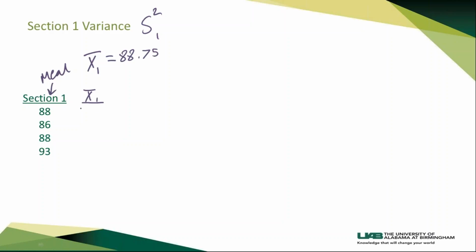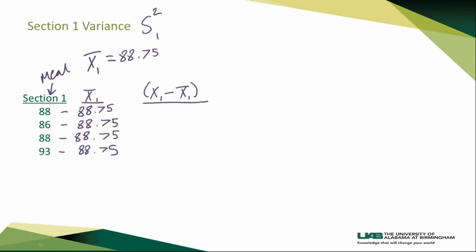So I'm going to do everything just like we have been, and get the difference between our values for sample 1 and the mean for sample 1. And it's going to give me a new column, which I'm going to call X minus X bar 1. Again, my footnote of 1 just means section 1 or sample 1.